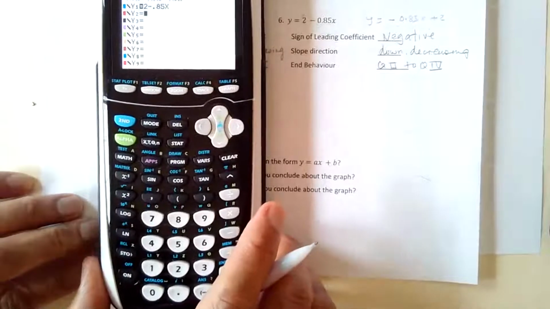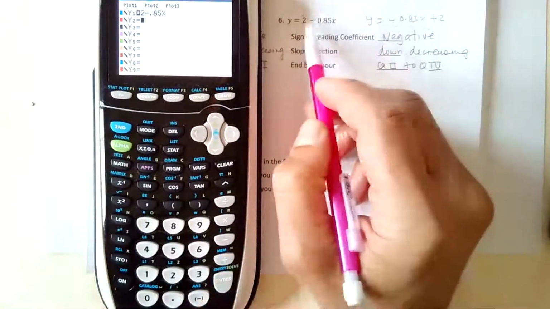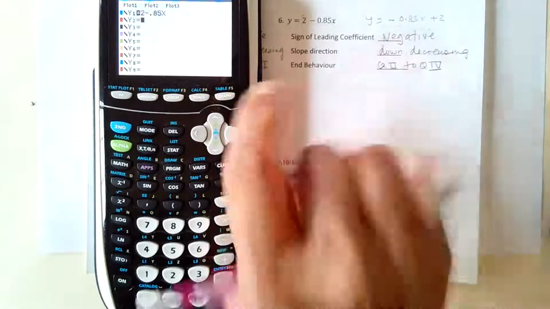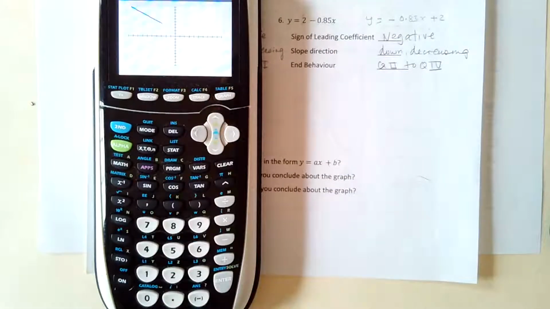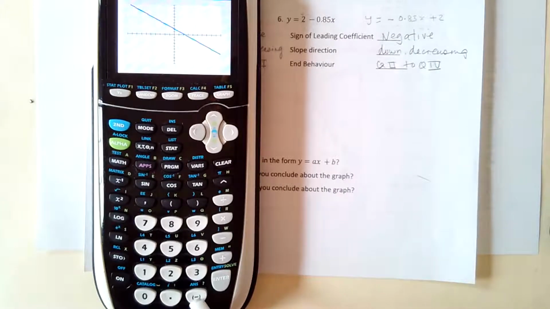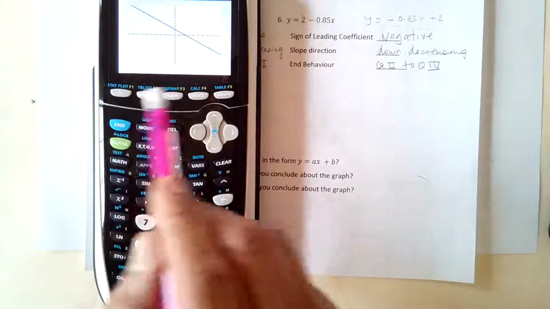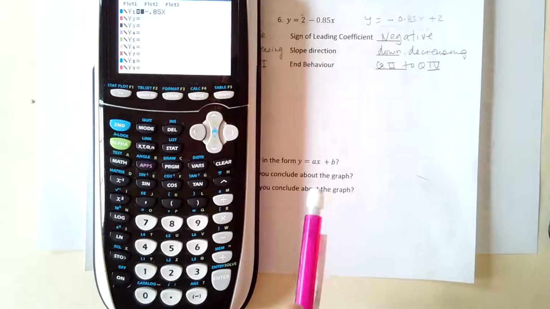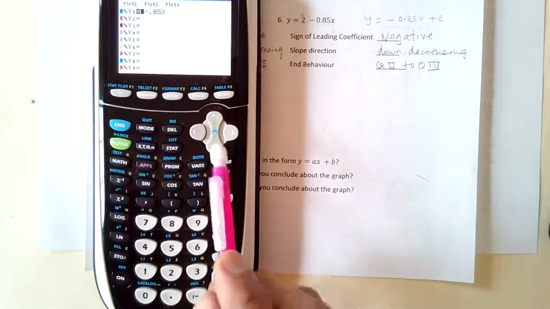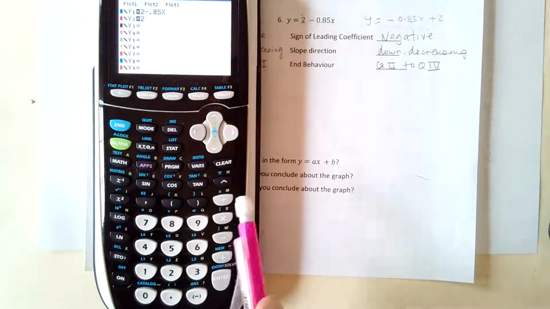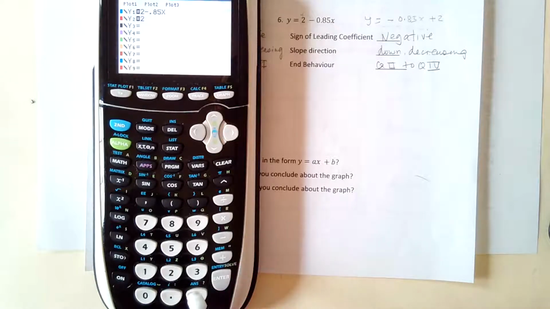I mentioned in this case you have to use your subtract sign, and then you will get your graph. What happens if you use what we were doing before, this negative here? Look what happens, right? This will indicate that you need to make a change. So that's what it's supposed to be. Let's assume we put 2, and instead of using this subtract sign, we put a negative. Then we have 0.85 in our x.